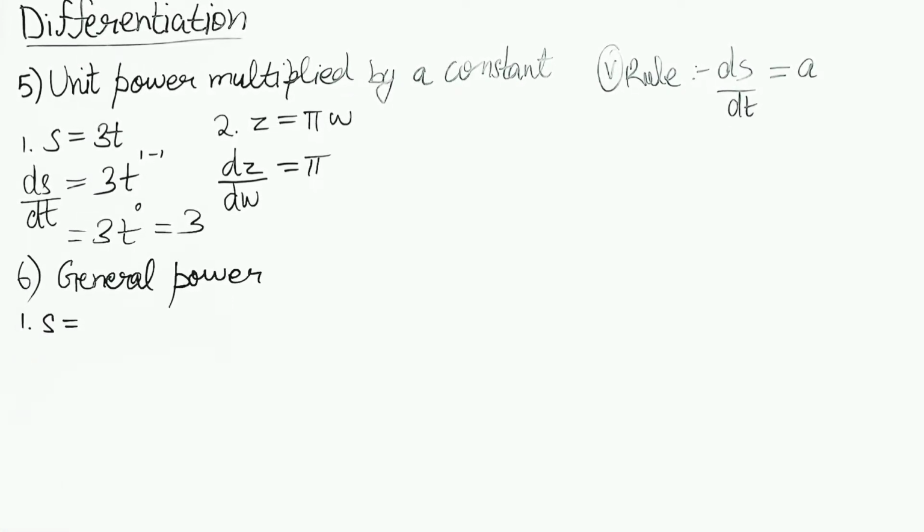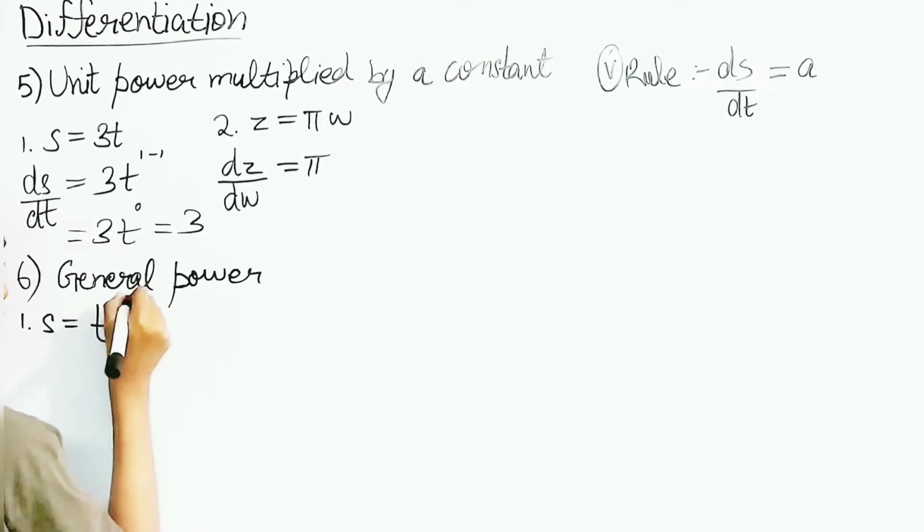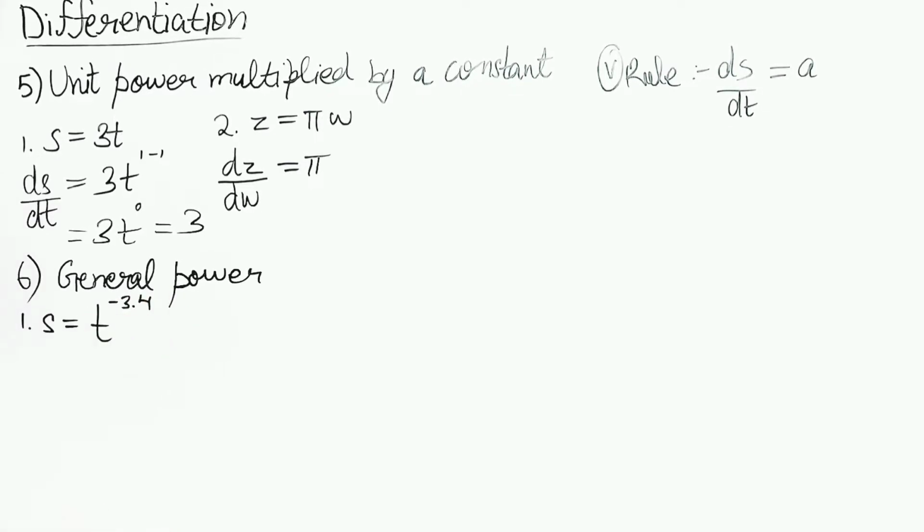Of course, I'm going to take a negative value. So s is equal to t to the power negative 3.4.